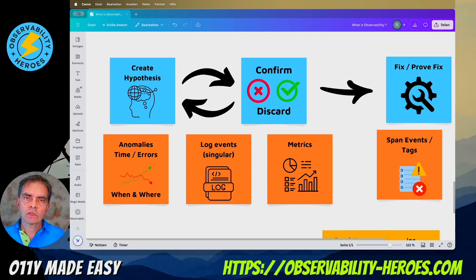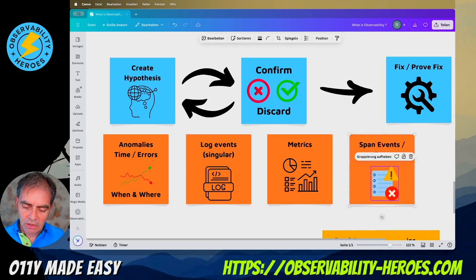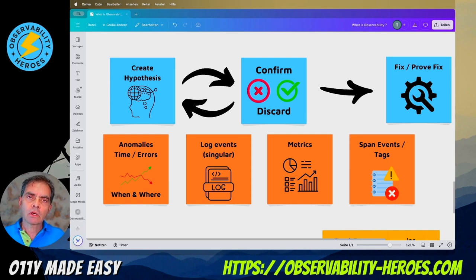So log events correlated by timestamps may work for you, but probably not as well as if you have the metrics that can prove at that time in this system something went wrong. And ideally, there are span events and tags. So the difference between log events and span events is not that big in terms of information they contain, but in terms of connections they contain.